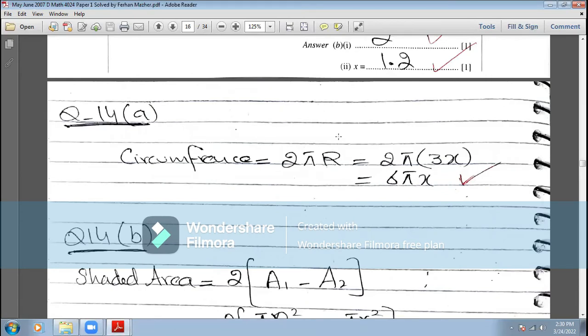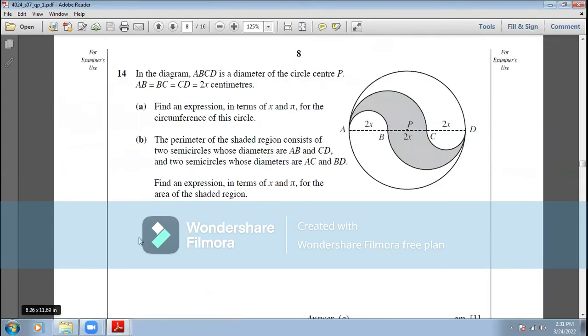On your screen, it is showing the circumference is equal to 2 pi r. So 2 pi and the radius is 3x, and so you will have 6 pi x. So the circumference of the large circle will be 6 pi x. And okay, so let's move to the next part.